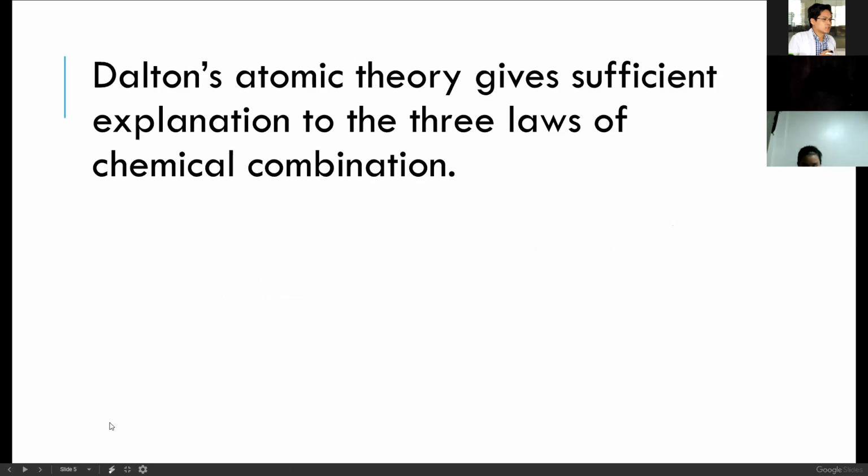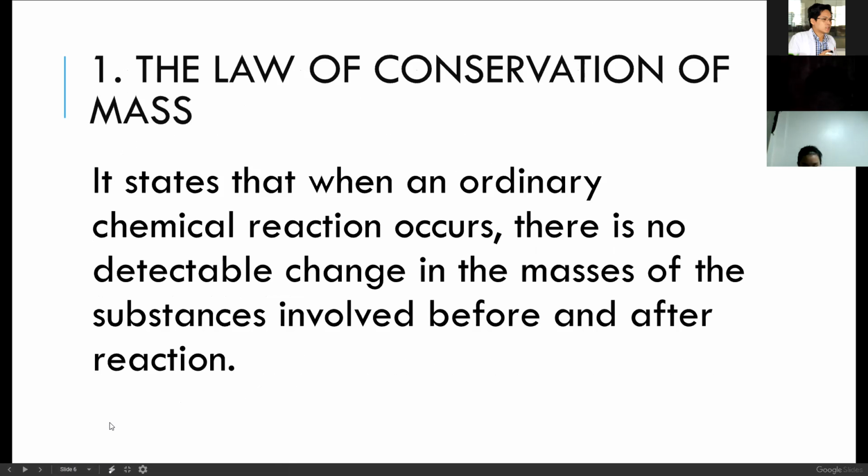Dalton's atomic theory gives a sufficient explanation to the three laws of chemical combination, which are, number one, the law of conservation of mass. Again, the law of conservation of mass. It states that when an ordinary chemical reaction occurs, there is no detectable change in the masses of the substances involved before and after reaction.